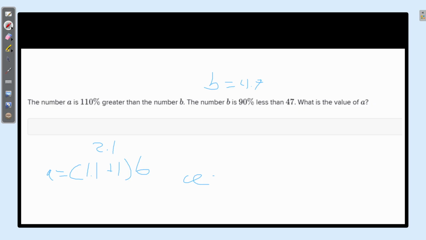So A equals 2.1, and then to find A, we just have to multiply by our B, which we found as 4.7. And if my math is correct, this should be equal to 9.87. And that is going to be the correct answer here.